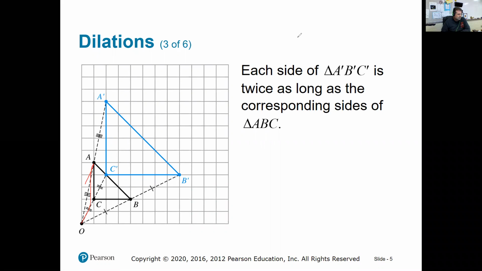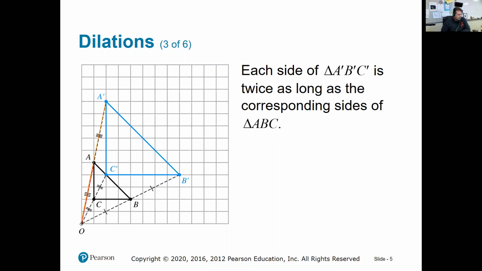All right, so we're going to take the distance, clear all that out. Take the distance from A to O, okay? And then we take that distance and double it, and we get all the way up to here. That's going to be 2 times as big, okay? So that's that point. So we've now dilated that point to A prime.